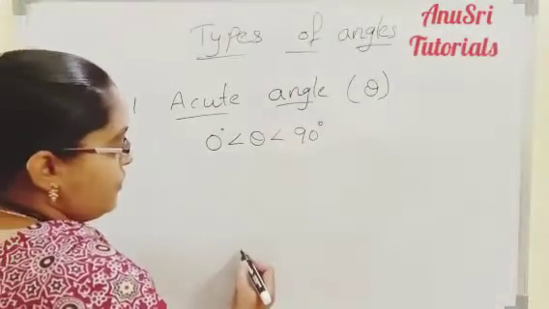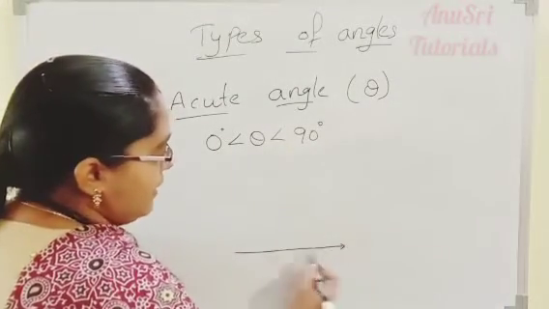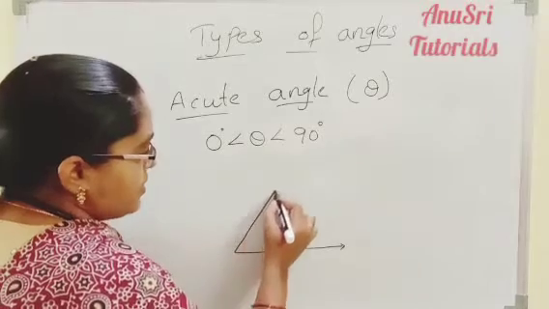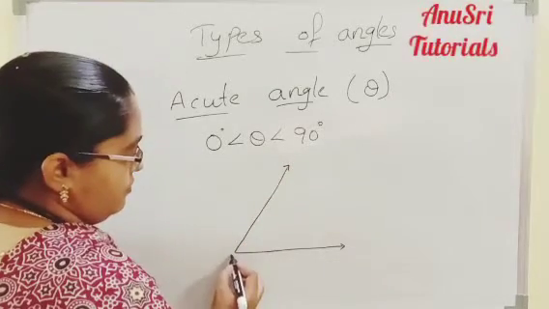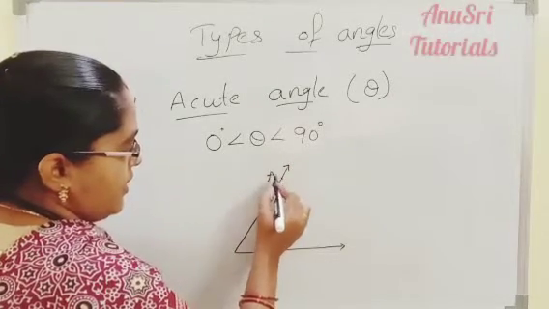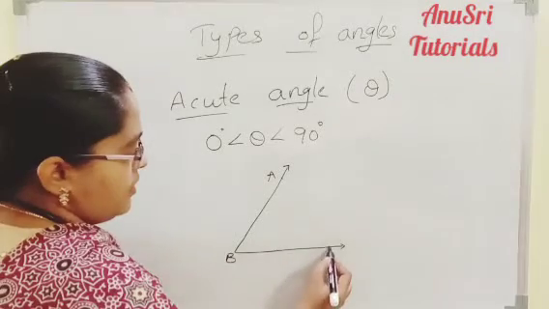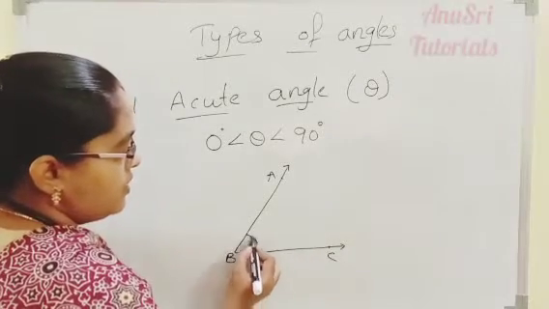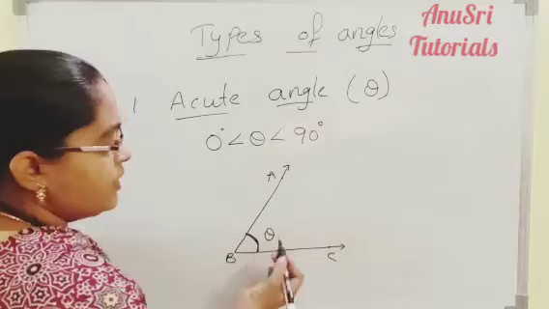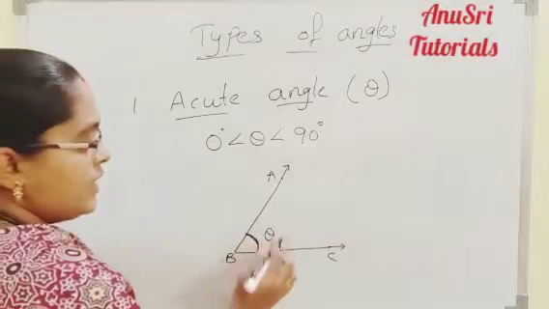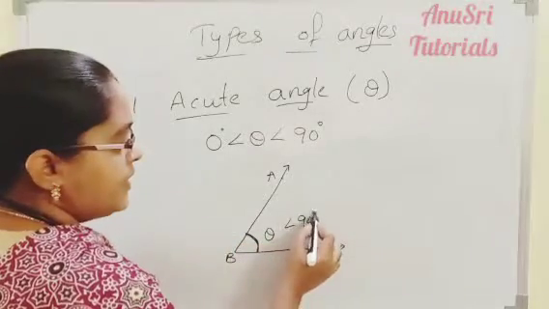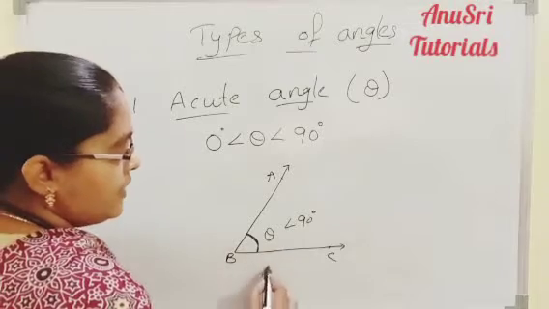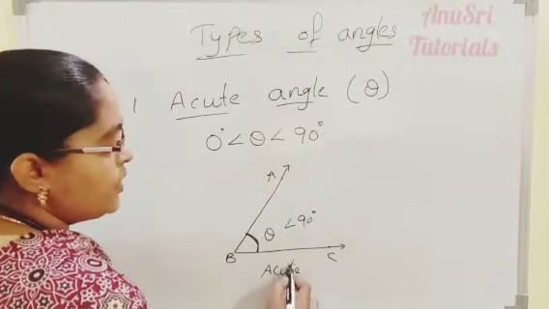Generally, an acute angle must be like this. Here the rays AB and BC, two rays. This angle we are representing with theta. If this theta is less than 90 degrees, then we call this angle an acute angle.